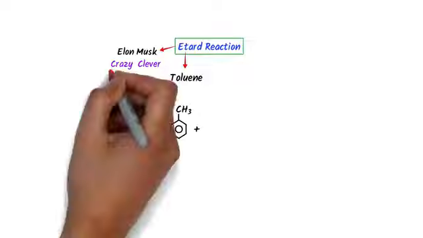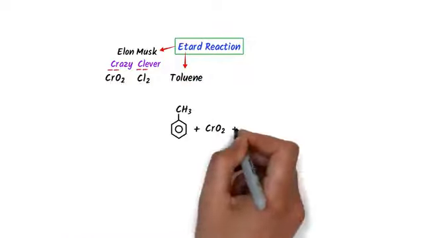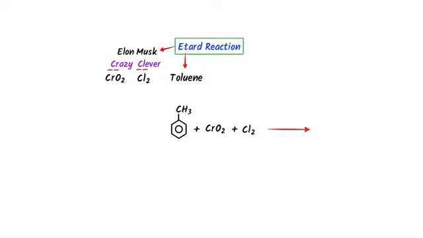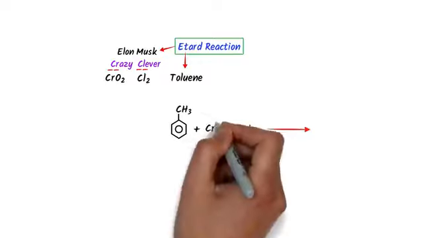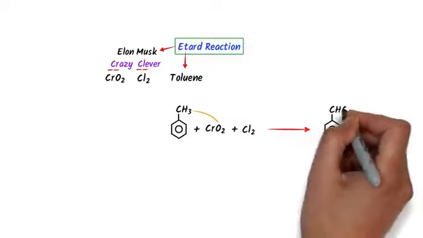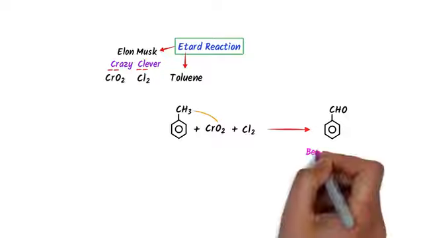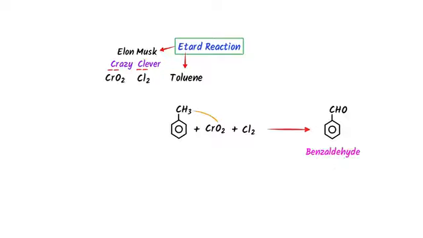This CR in crazy stands for chromium oxide and this Cl in clever stands for chlorine. These are the reactants of this reaction. Now I replace these 3 by oxygen. I write CH plus benzene ring and I attach oxygen to it. I get benzaldehyde. So this is the Etard reaction.